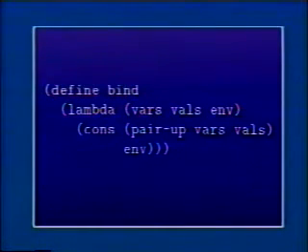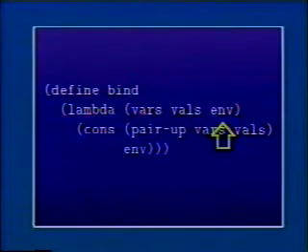Bind is for making more table. And what we're going to do here is make a new frame for an environment structure. The environment structure is going to be represented as a list of frames.